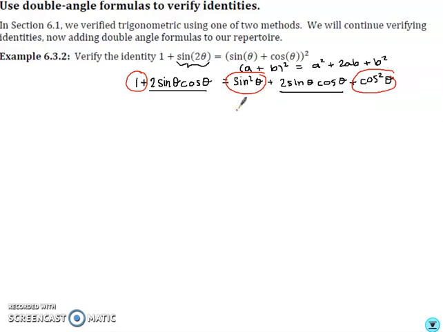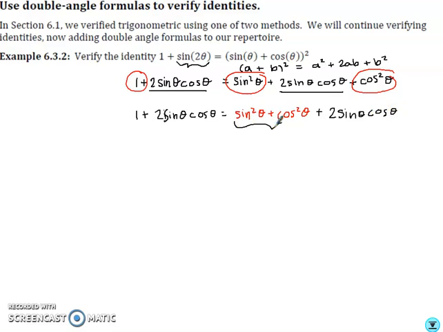And I do recall that sine squared theta plus cosine squared of theta does equal 1. So that tells me that I should rewrite, using the commutative property, my right hand side so that that sine squared theta and cosine squared theta are together, and then that does leave me with 2 sine theta cosine theta.